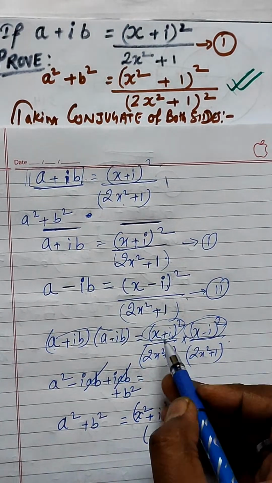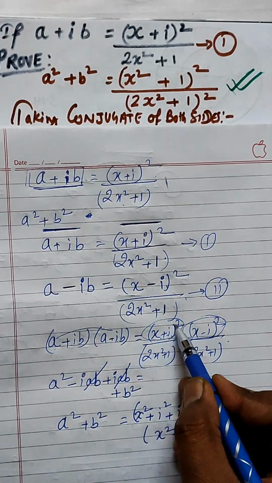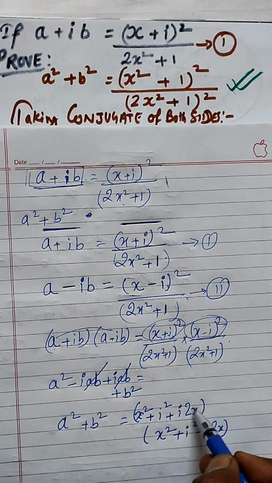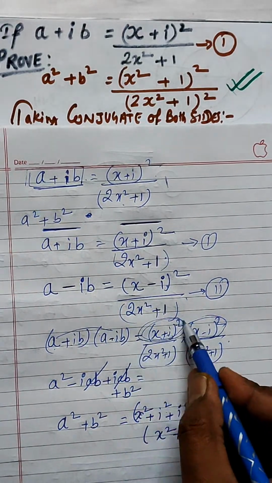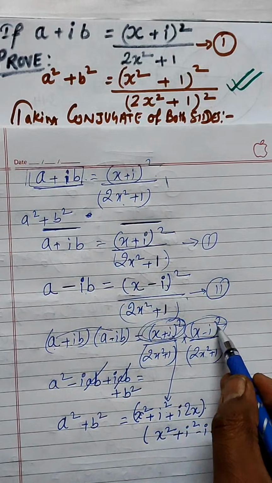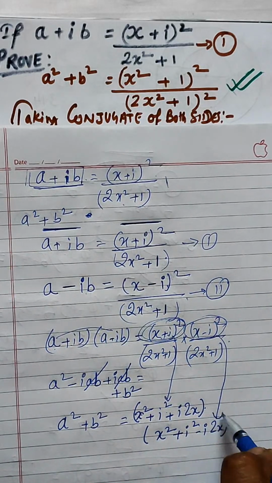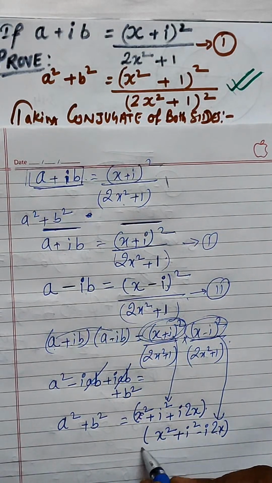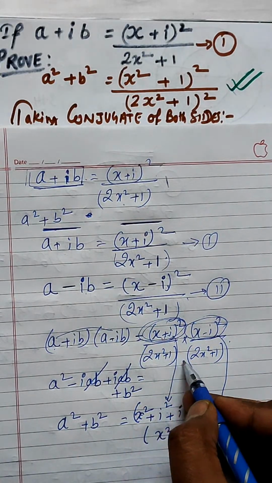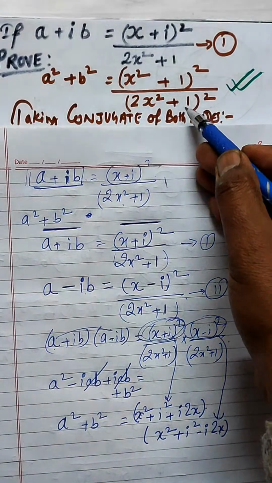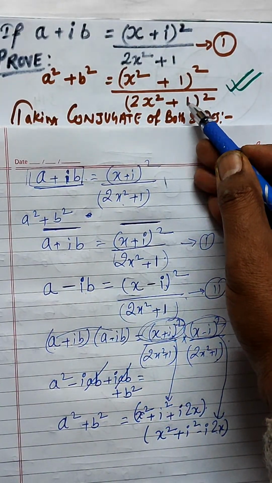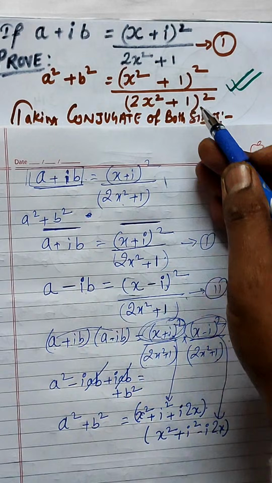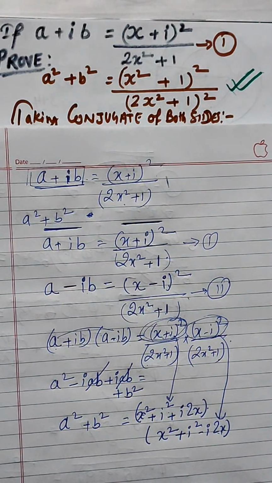This is in the form of (a plus b) whole square, which I simply expanded. The denominator (2x square plus 1) whole square is already in the RHS which we are going to prove.